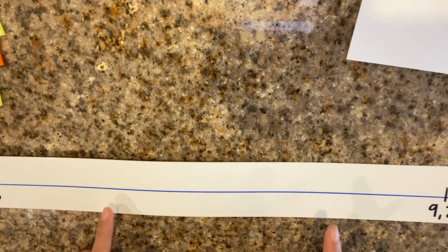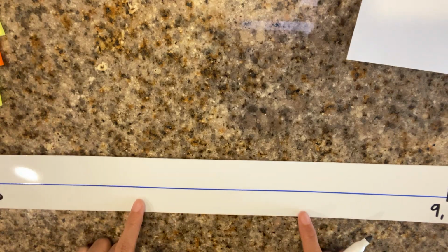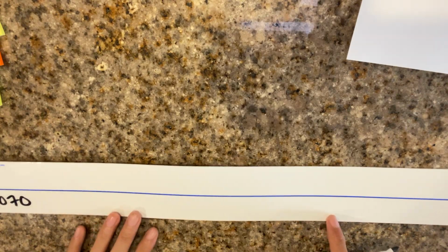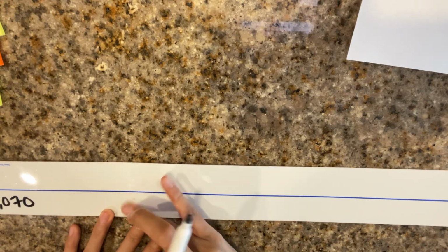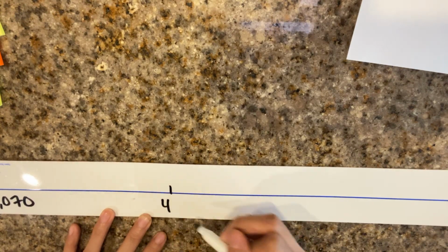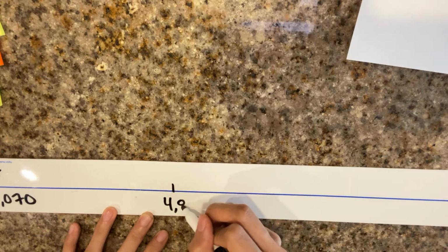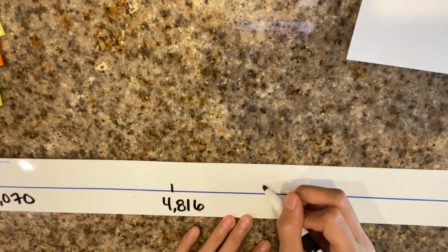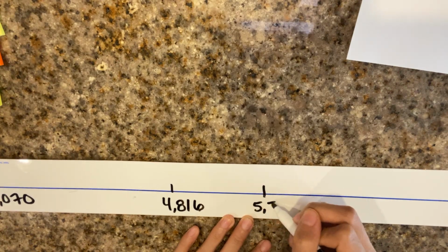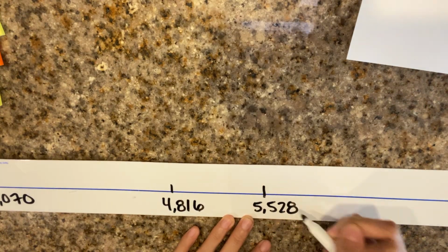And then we have our two numbers in the middle, which was 2 and 3. So 3 we said was 4,000. I'm going to draw these a little bit closer. 4,816. And then the last one was 5,528.